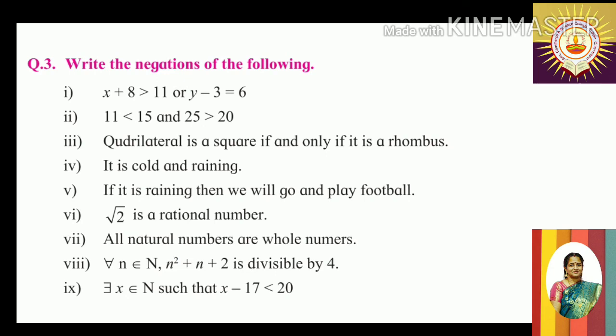Now see the sixth example. Root 2 is a rational number. It is a simple statement, so you write down root 2 is not a rational number.